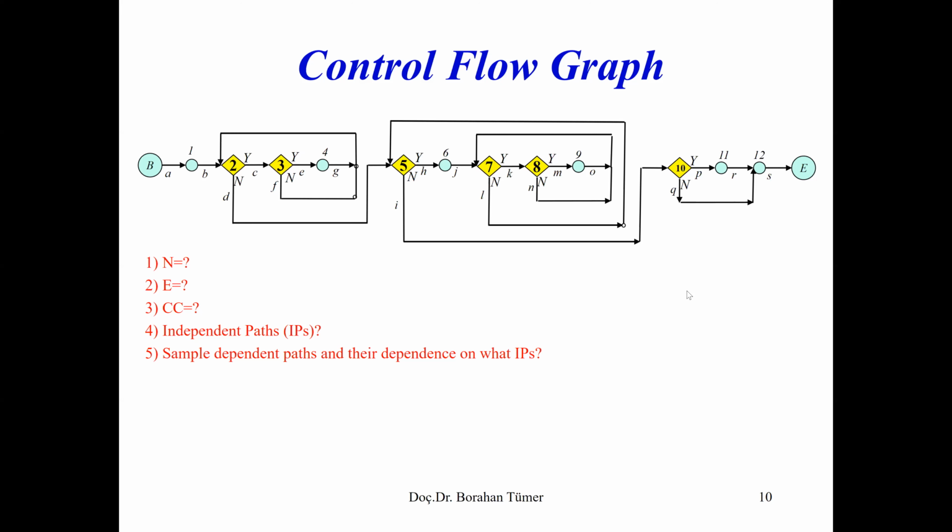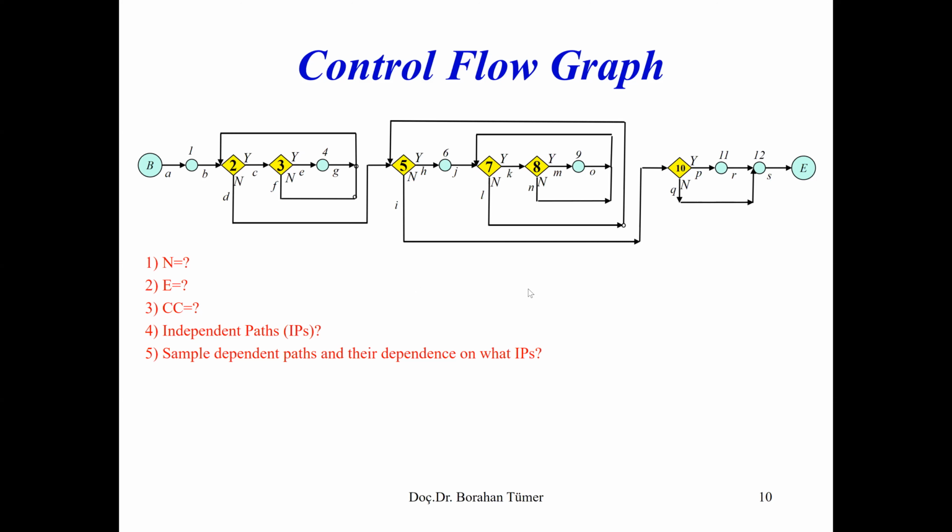Okay, so the cyclomatic complexity is then equal to 7. 19 edges minus 14 nodes, that is 5, plus 2, the constant in the cyclomatic complexity formula, gives us 7 as the cyclomatic complexity. So what does that mean?